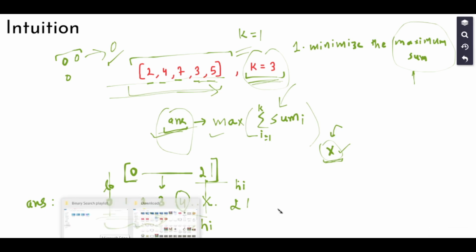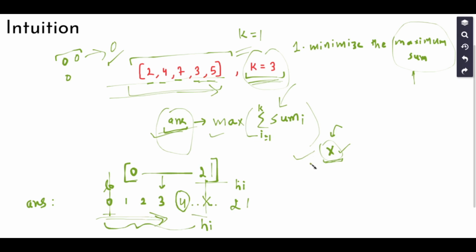Otherwise, if we can't find such a division, if while we divide the given array into k subarrays there is a subarray which has a sum greater than x, then that means this x is not a valid maximum sum that we have guessed here. So in that case, the range would be reduced: low will be initialized to x plus 1, while the high stays the same.